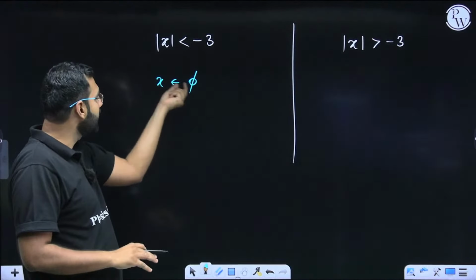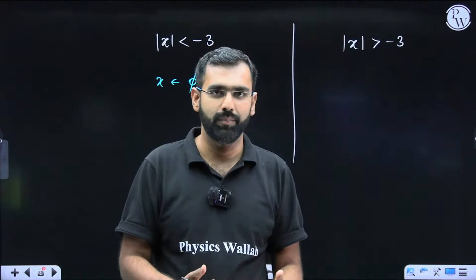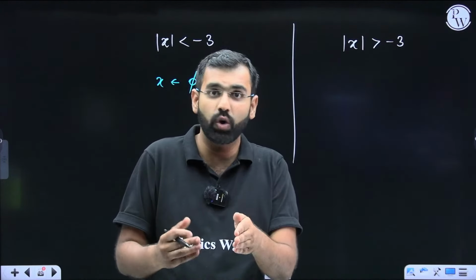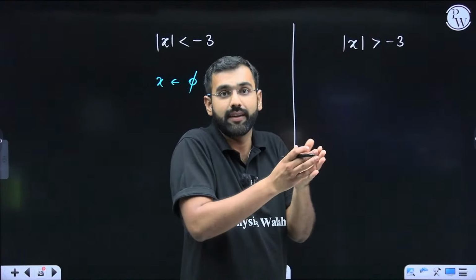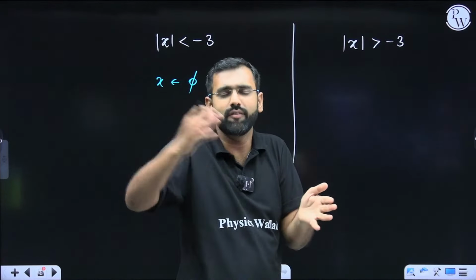What will be your answer if mod x is greater than minus 3 is set? What will your answer in that case? I hope everybody is realizing, sir, mod x is always greater than equal to 0 and you want it to be greater than minus 3. So, sir, modulus of a number is always non-negative. It is either 0 or positive. And you want it to be greater than minus 3, which means either 0 or negative, or minus 2, minus 1 as well. Minus 2, minus 1 it will never be, but it will always be greater than minus 3.